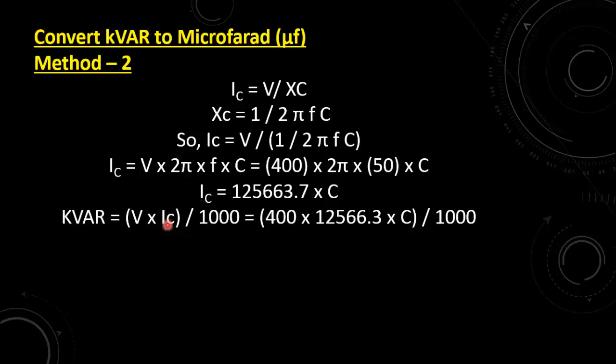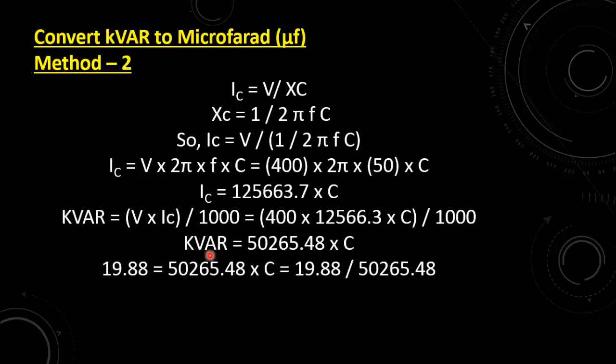By putting the value of Ic in this formula, the kVAR is now equal to 5026.48 into C. Now you have the value of the kVAR. Just rearranging this equation, C comes out to be 3.95 into 10 to the power minus 4, which is again 395 microfarad.